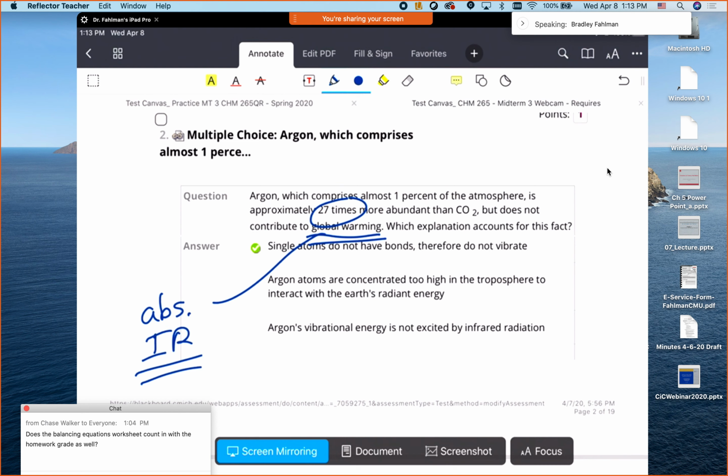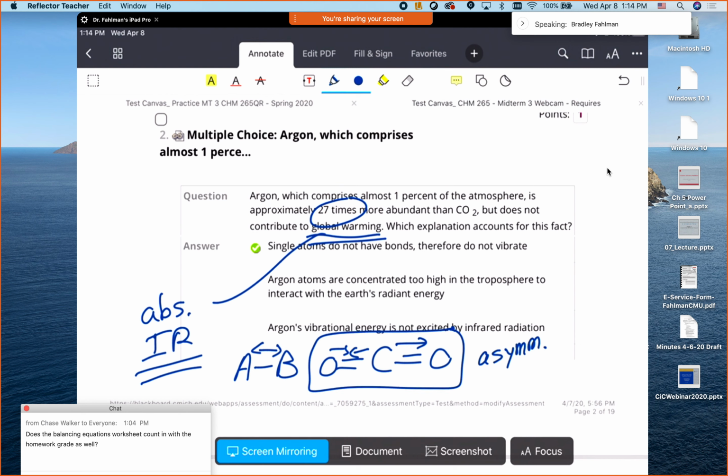And so for that you need actual bonds, so stretching or bending. So CO2, remember, if you have this kind of stretching, the asymmetric stretching, this will absorb infrared radiation. Whereas if you just have individual argon atoms, there are no bonds to absorb infrared. Okay.